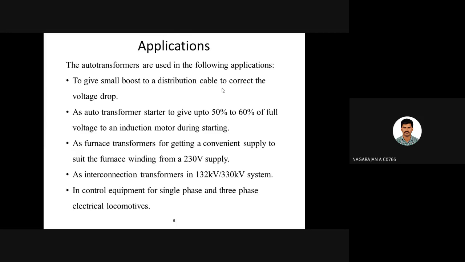What will happen if you keep the fan regulator at position 1? When you keep the regulator at position 1, the fan will be running at a slow speed. The reason is, when you keep your regulator at position 1, a greater amount of resistance will be connected.